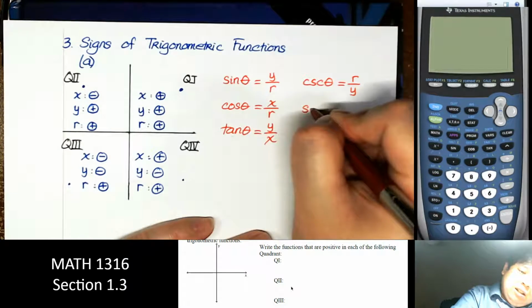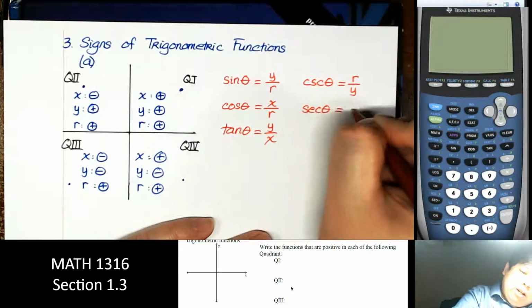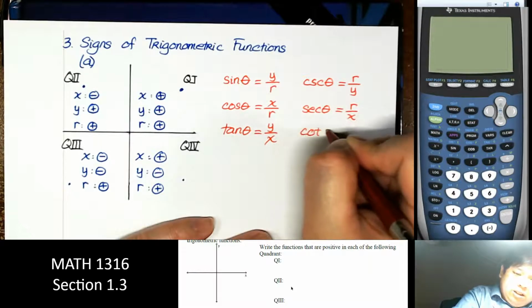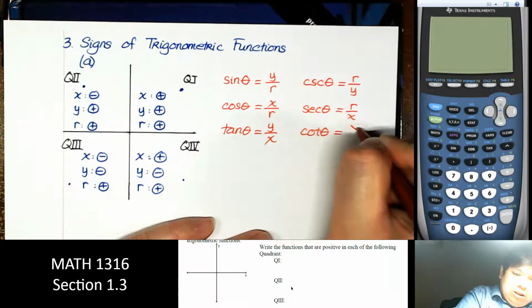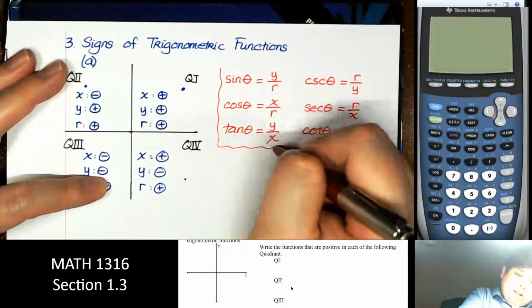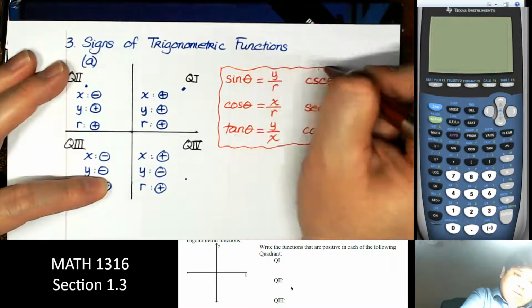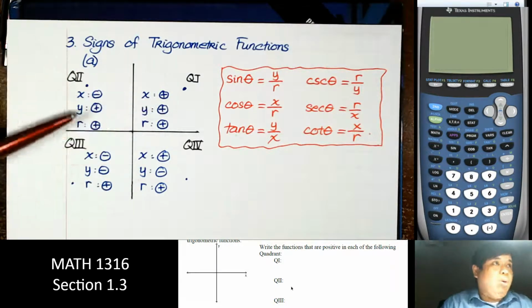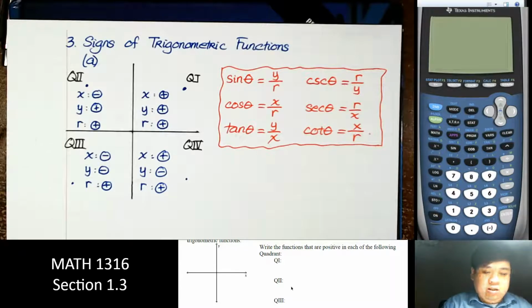Cosine and secant are reciprocal of each other, and tangent and cotangent. Right. So we have the definition, and now the quadrants where x, y, and r.